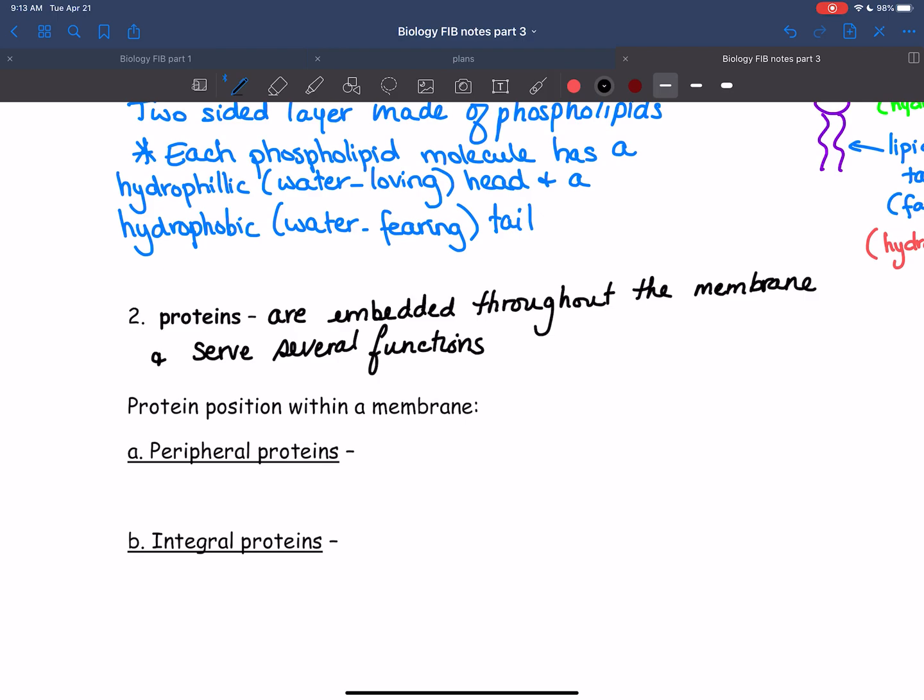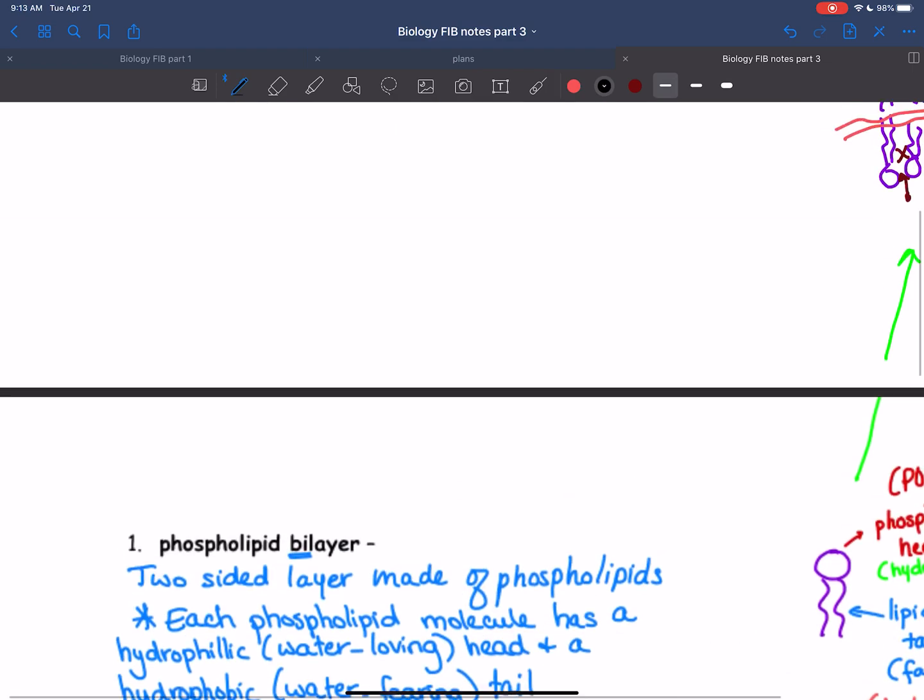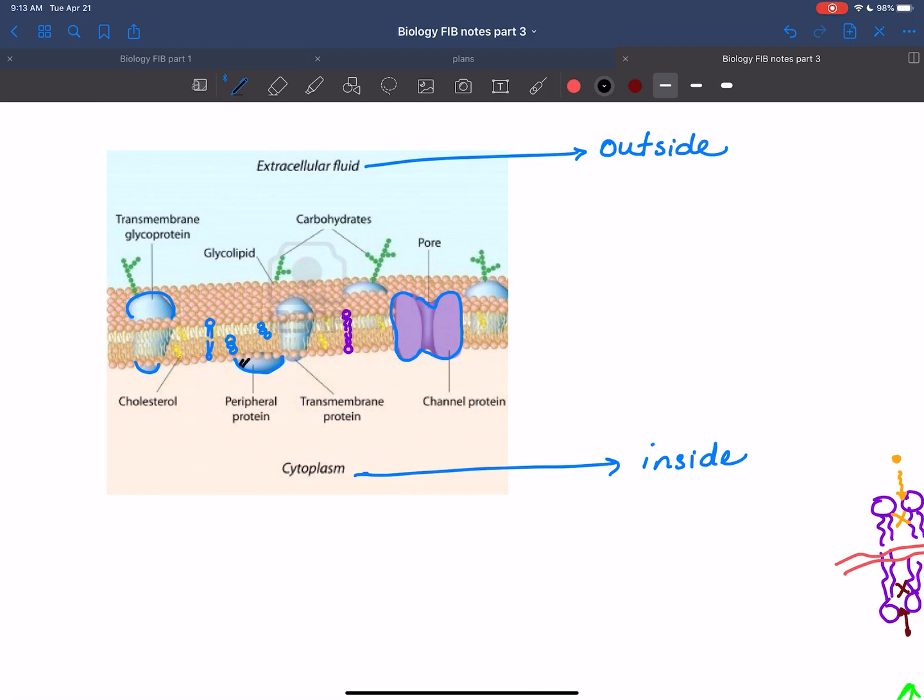So a peripheral protein, these ones are loosely attached to the surface of the membrane. They actually can be found on either side. Okay. And I'll show you those ones. So here we have those peripheral proteins right here. You can find them on this side or you can find them on this side.